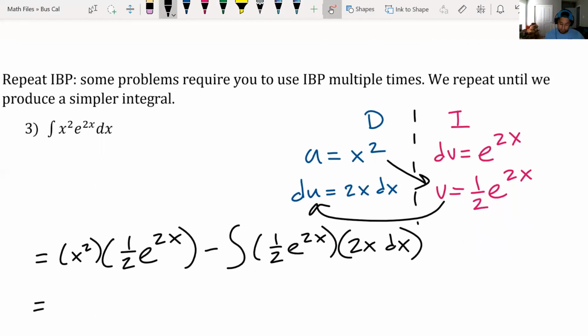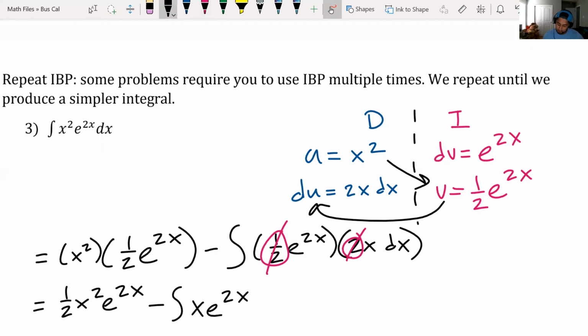Okay, let's clean this up. This is 1/2 x squared e to the 2x minus, on this one, the 1/2 and the 2 will cancel, which then leaves me with the integral of just x e to the 2x dx.